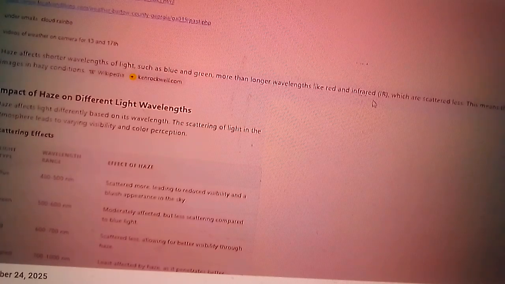like red and IR. I'm like, wow. I could completely see this with my graphs. I'll read it again. Haze affects shorter wavelengths of light, such as blue and green, more than longer wavelengths like red and IR, which are scattered less. This means that IR light can penetrate haze more effectively, resulting in clearer images in hazy conditions.